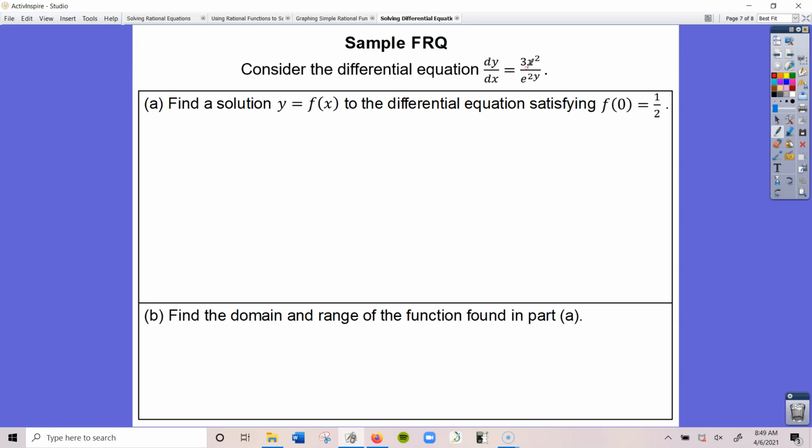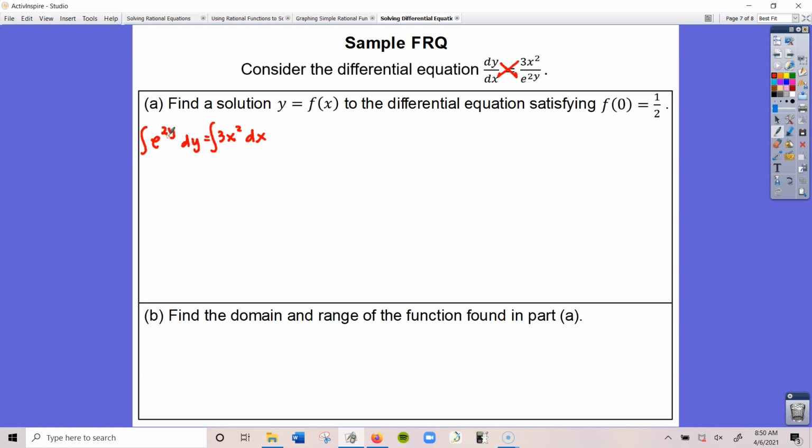So first we would have to separate the variables. I noticed that the x's are diagonally across and so are the y's, so we can just cross multiply what we have here. So we have e raised to the 2y dy is going to equal 3x squared dx. Integrate both sides. Now here, this is e to the 2y.